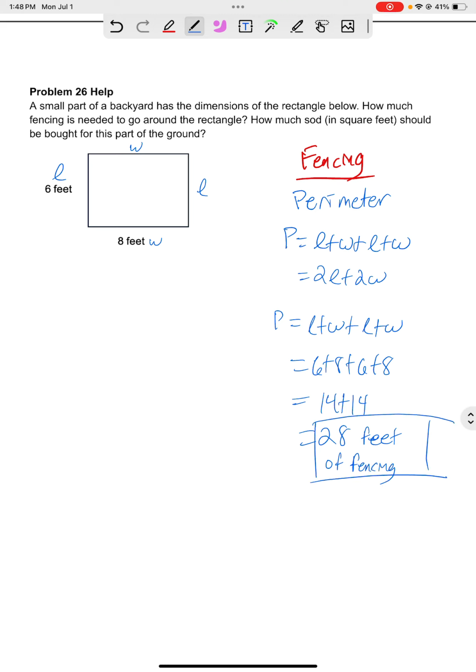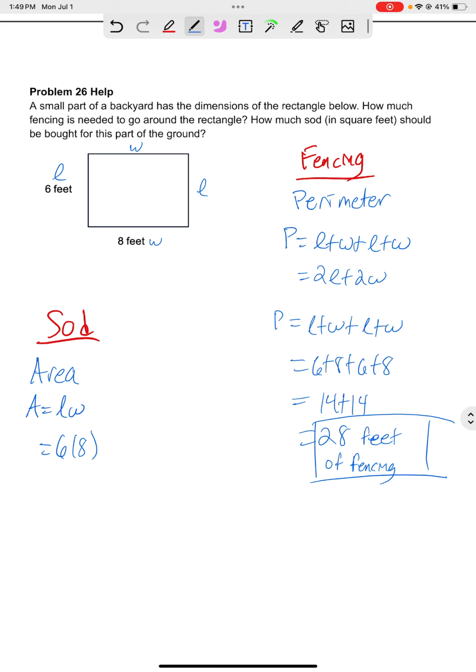The second question regards the sod, right? Which is going to be what? Well, sod is about square feet. It is an area. So what is the area going to be? Well, for a rectangle, the area is length times width. We've already designated this one side of 6 as the length, and the other side, 8, as the width.